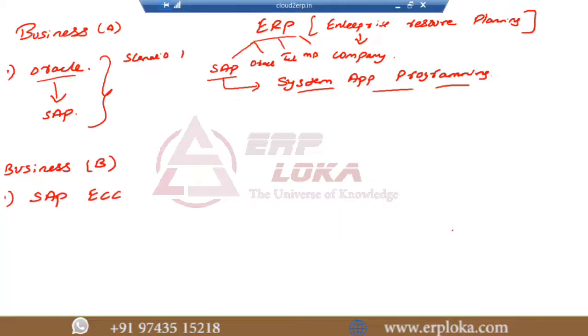Now they want to upgrade their system and convert it into SAP S/4HANA. This is scenario 2. So both come under implementation project. In scenario 1, they want to implement the system from Oracle to SAP. In scenario 2, this business wants to implement SAP S/4HANA from SAP ECC.